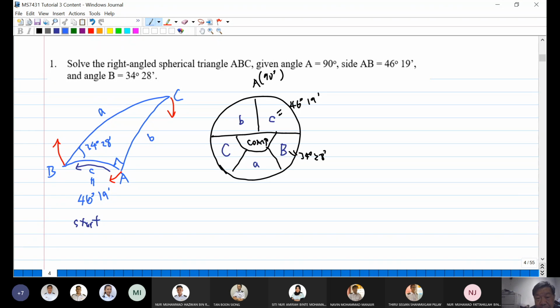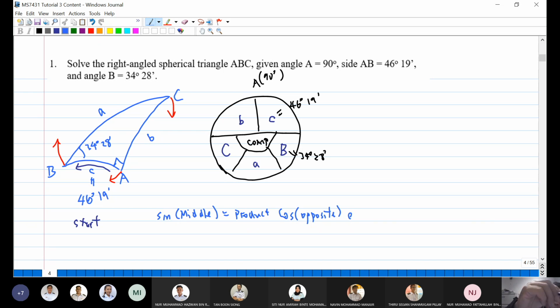So let's look at one of the Napier's rules. It says that I have sine of the middle part equal to the product of cosine of the opposite. So just write cos opposite.